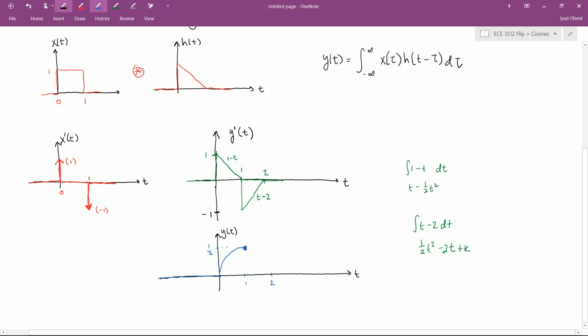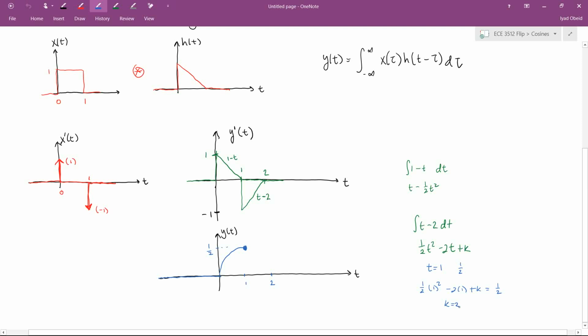In order to be continuous with the previous segment, when t equals 1, this function has to equal 1/2. So that's 1/2 times 1 squared minus 2 times 1 plus the unknown k has to equal 1/2. So that means k equals 2 in this case.